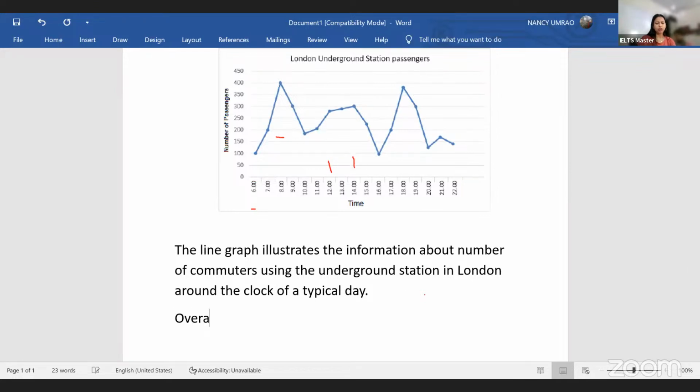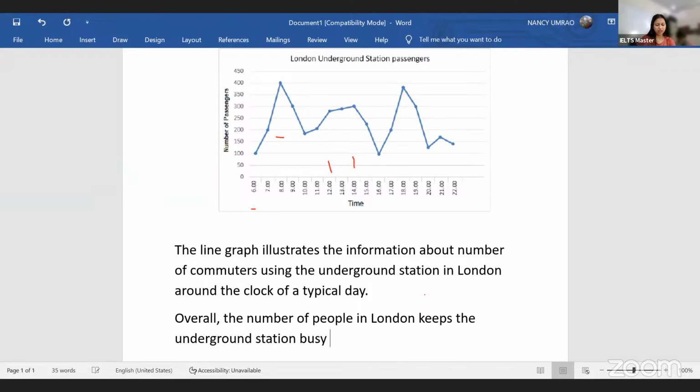Let's write down the overall. Overall, comma, what is the subject? The subject is the number of people in London keeps the underground station busy in the early morning hours and evening hours.